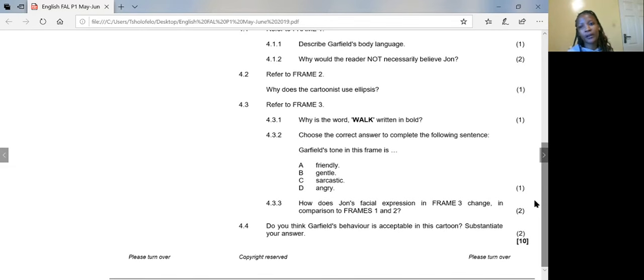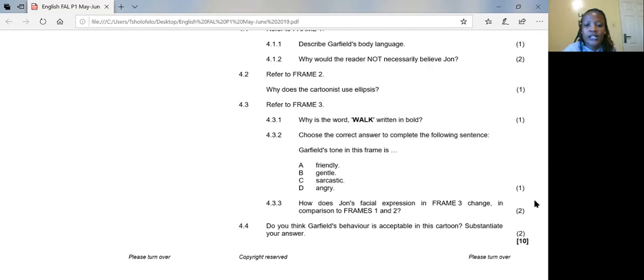Now, 4.3.3. This question: how does John's facial expression in frame 3 change in comparison to frames 1 and 2? This is what makes me very angry, when our learners know the correct answer but are lazy to write it in totality, or have not done justice to question interpretation.